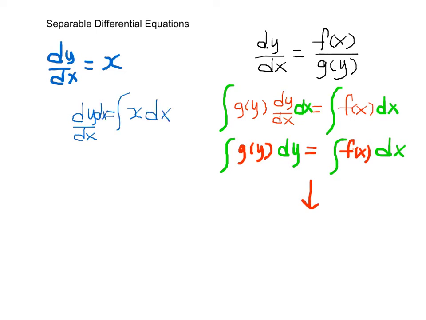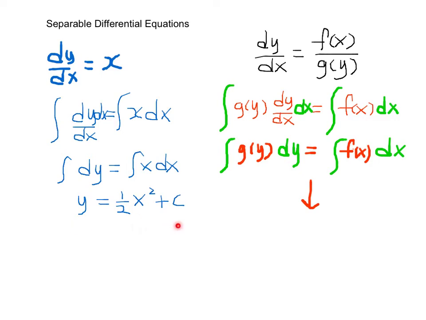Similarly, the left-hand side is dy, and the right side would still be the same. Eventually, this will be the general solution to this differential equation, and this process is the separation process, and you perform the integration also.